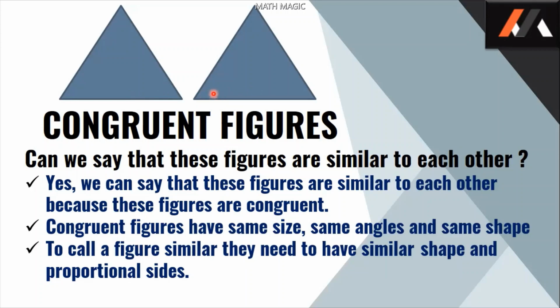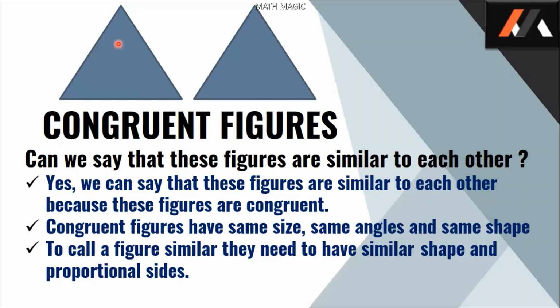Now, how do I get to know about the proportional sides? I already proved that these are congruent figures, and I know that congruent figures have corresponding sides equal to each other. So the corresponding sides are proportional because if we divide this side by this side in a congruent figure, of course these both are equal. So when I divide equal numbers by each other, obviously I'll get 1.